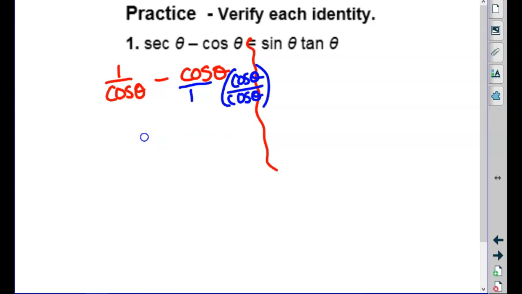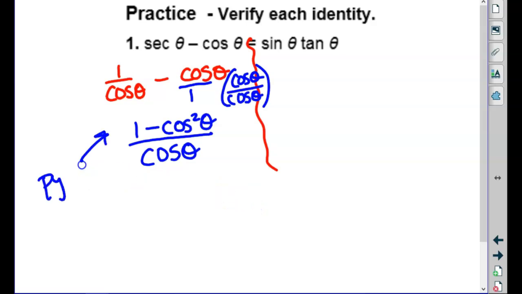So then what do I get? The common denominator is now cosine of theta. You can show that in one step, but what is the top? 1 minus cosine squared. Good job.